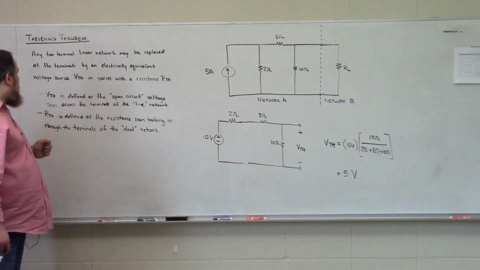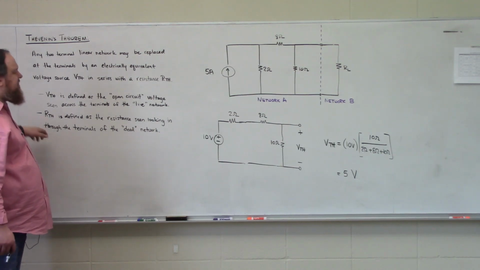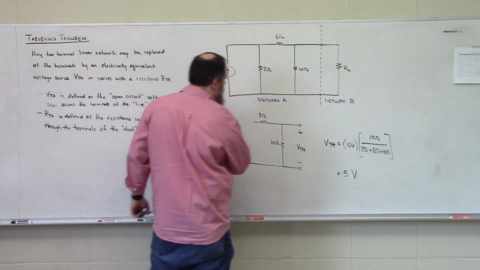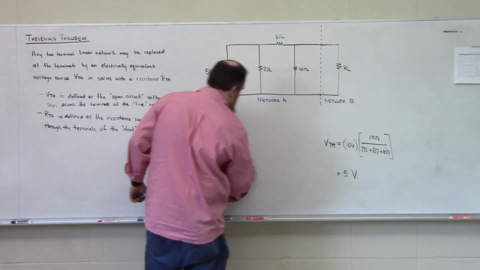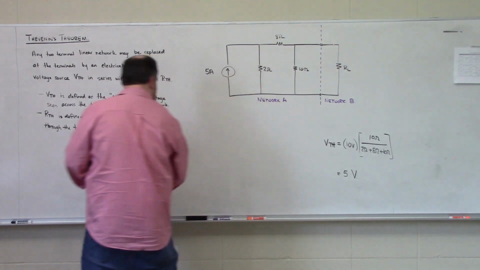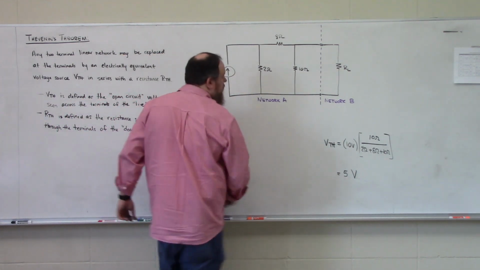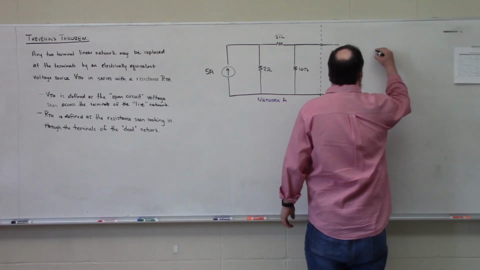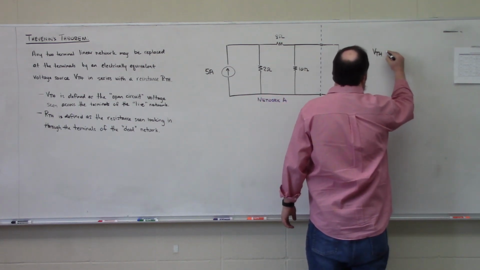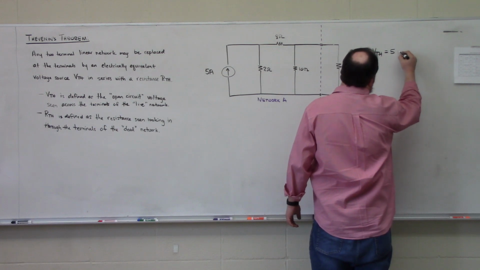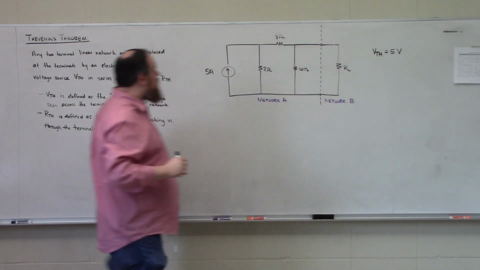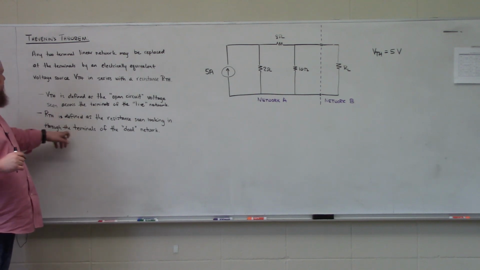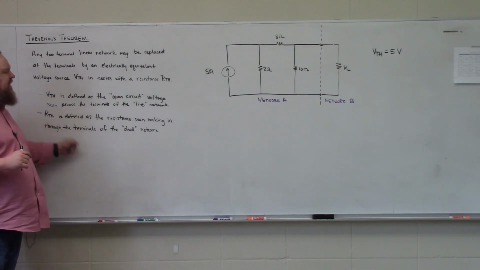So now let's talk about the Thevenin resistance. So for the Thevenin resistance, we are told it is the resistance seen looking in through the terminals of the dead network.